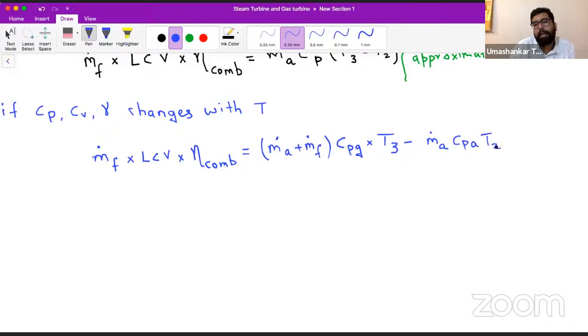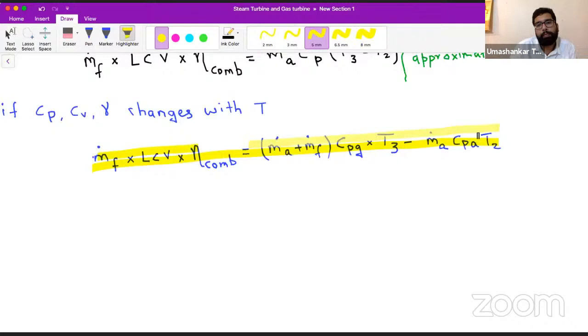So this is the exact solution. I am highlighting it also. We may call it the exact solution.